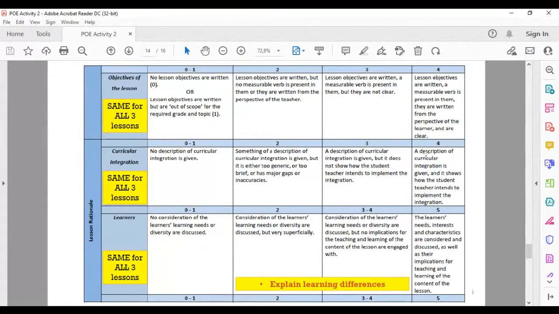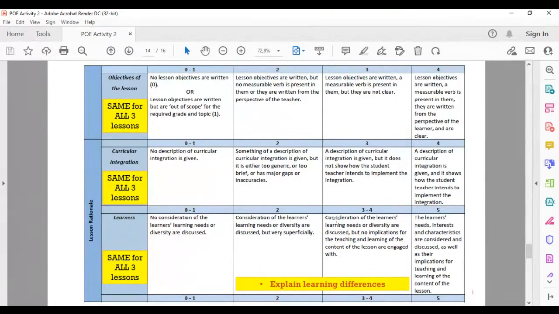So for 4 marks, a description, not just naming the subject, you need to describe how you would integrate that subject into this lesson.